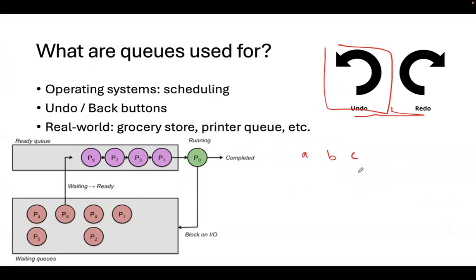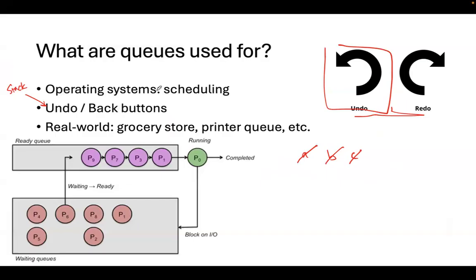If it was a stack, then it's last in, first out. And so first I would undo C, then I would undo B, then I would undo A. So this is actually a stack. And I think back is as well, right?